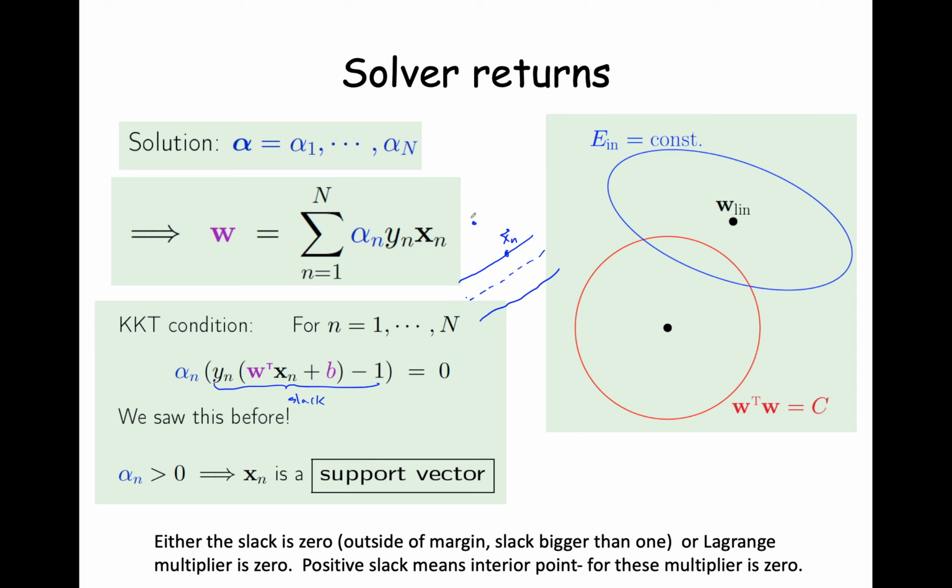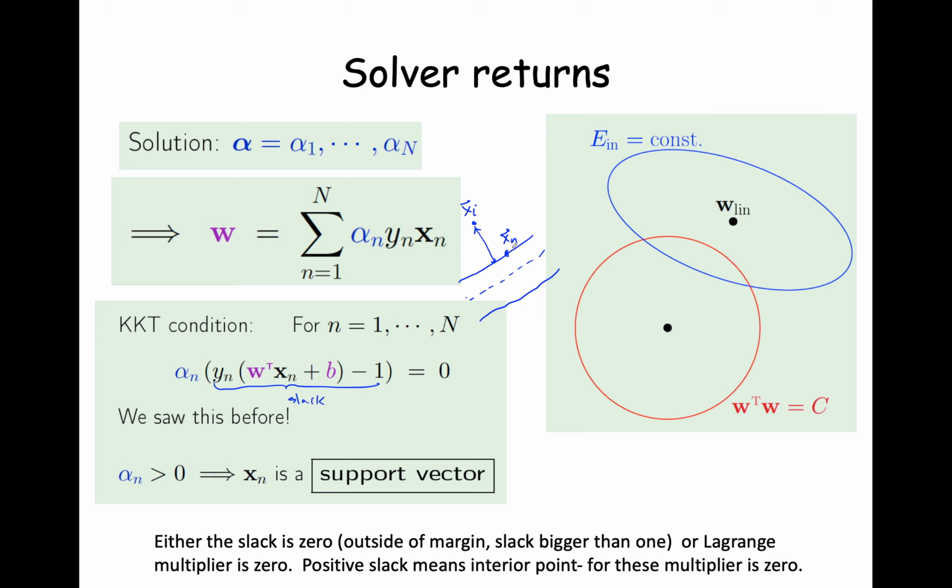And we said the off-margin points, xi, we'll call it xi, the off-margin point, it has a slack. Its distance, the score for this point, is going to be bigger than 1, and therefore the slack is going to be bigger than 1.